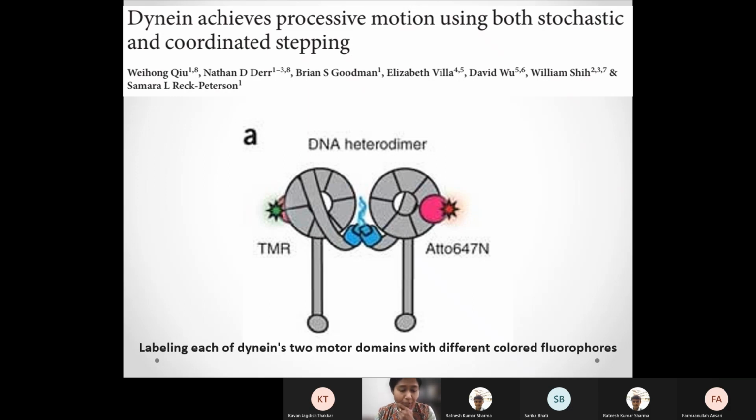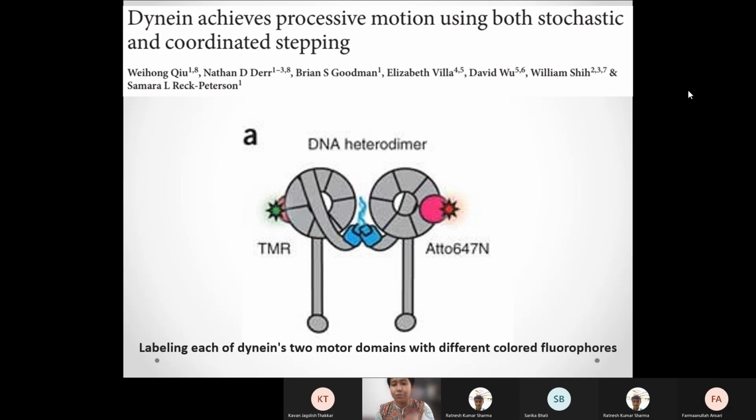So here we have a molecule called dynein. That is what we are studying, right? And what is the question that we had now? So the question that we have to ask so far, what we have seen is, dynein का energy कहाँ से आता है? कौन से part of the dynein molecule से dynein को energy मिलता है? अभी हमारा question ये है कि dynein microtubule के ऊपर कैसे चलता है?